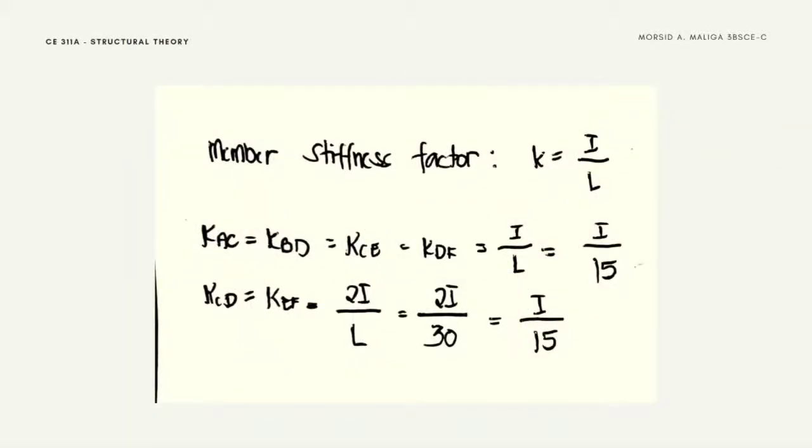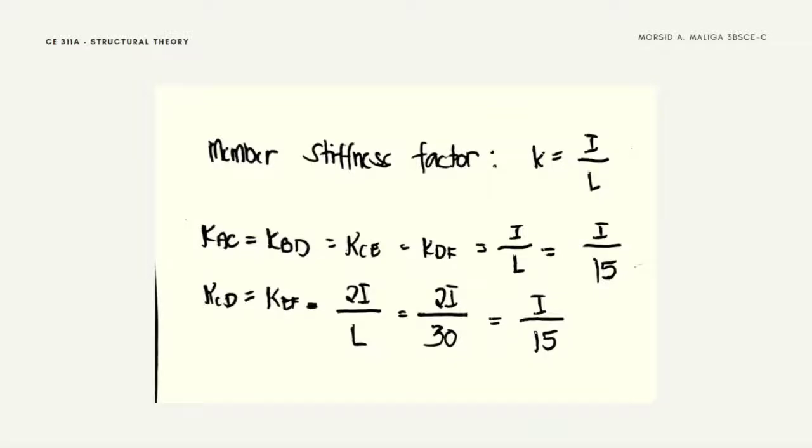So for now, let's solve the member stiffness factor, in which when the modulus of elasticity for all the members of a structure is the same, it is usually convenient to work with the relative bending stiffness of members in the analysis.